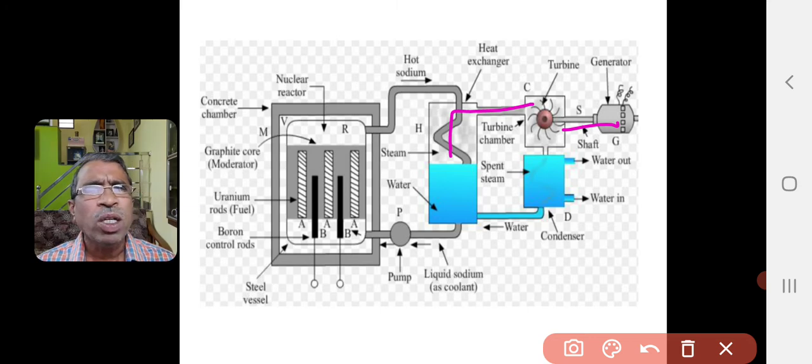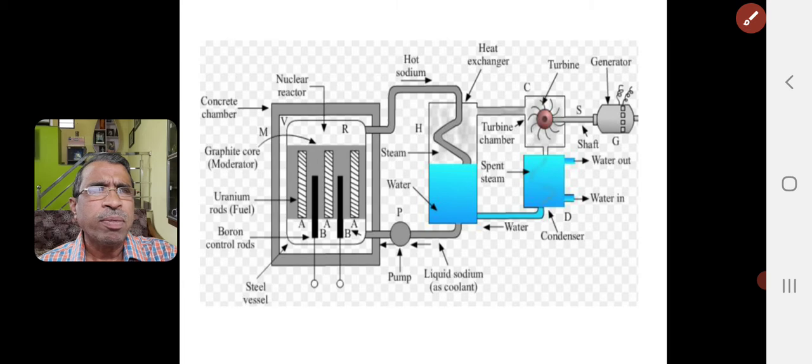That's how electricity is generated. So this is a very basic principle involved in any nuclear reactor. Now let us study the various parts of the nuclear reactor one by one.